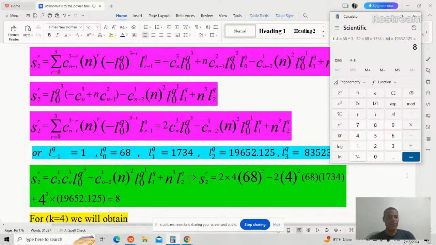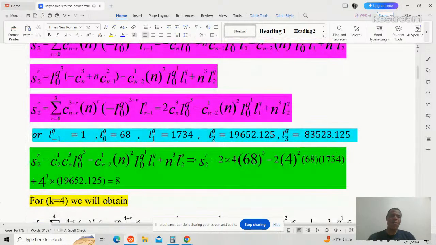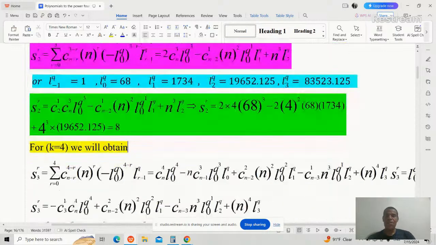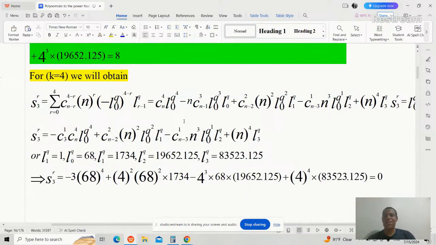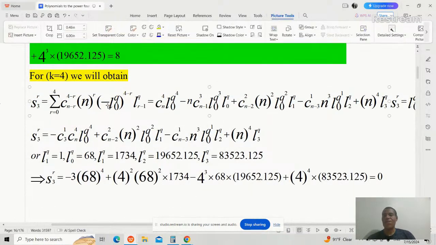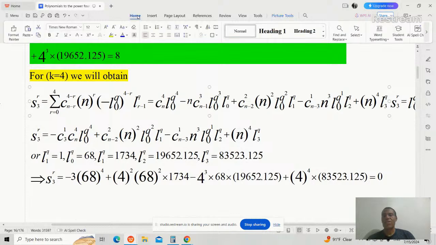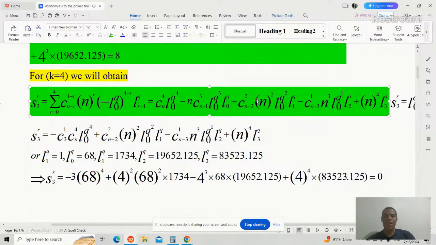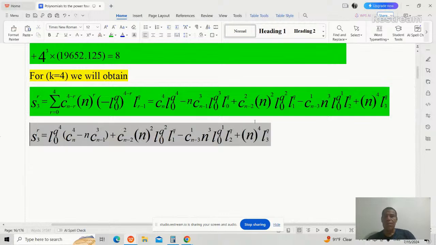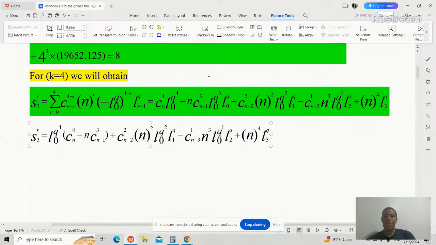Now at least till now we found two different values of S_k minus 1 of order r, which is S minus 1 of order r by convention is 1, and S2 is equal to 8. Now learners, I'm going to focus on the last value, the last coefficient of the new polynomial that we are going to work with.